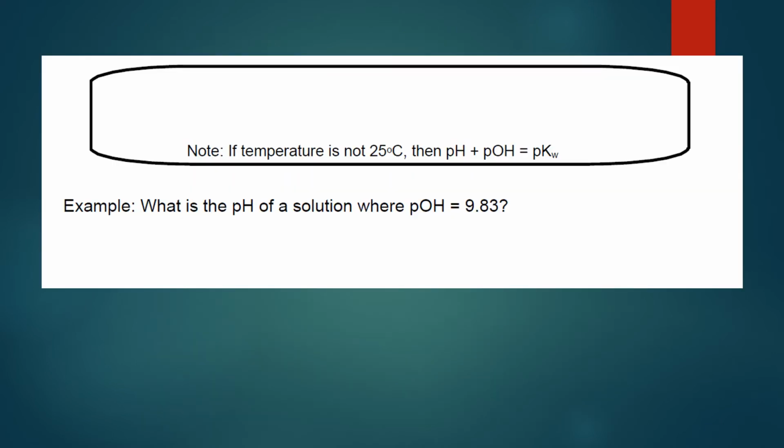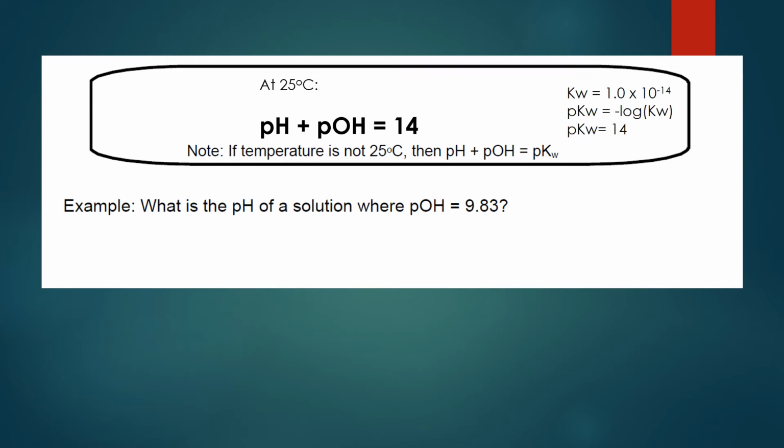Now, looking at another bridge between our acid land and base land comes to this calculation. At 25 degrees Celsius, our pH plus our pOH is equal to 14. So there's the significance of the 14 in our pH scale. This is only at 25 degrees Celsius, however, because that 14 relates to our Kw value. So Kw is 1 times 10 to the negative 14.